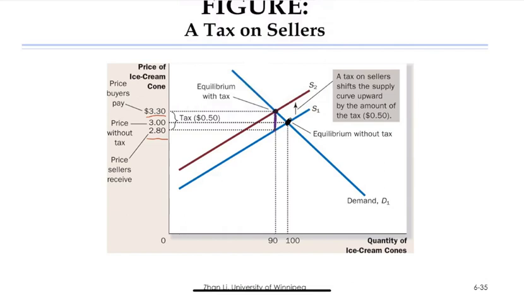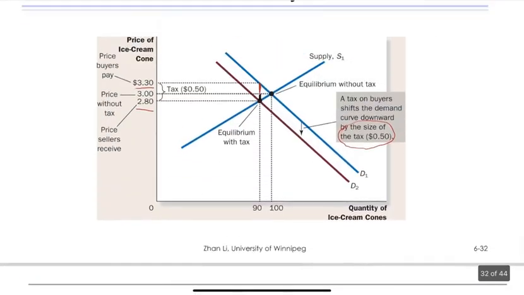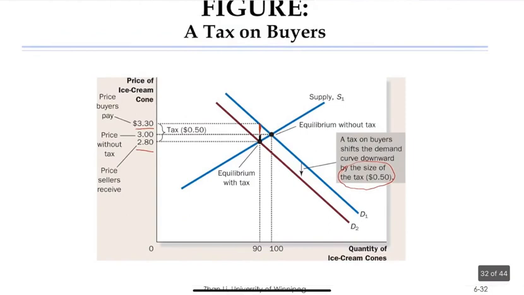This is the wedge we're talking about, right? There is a wedge between 3.3 and 2.8. The same thing happens in the case of a tax on buyers. We're having a wedge here, right?